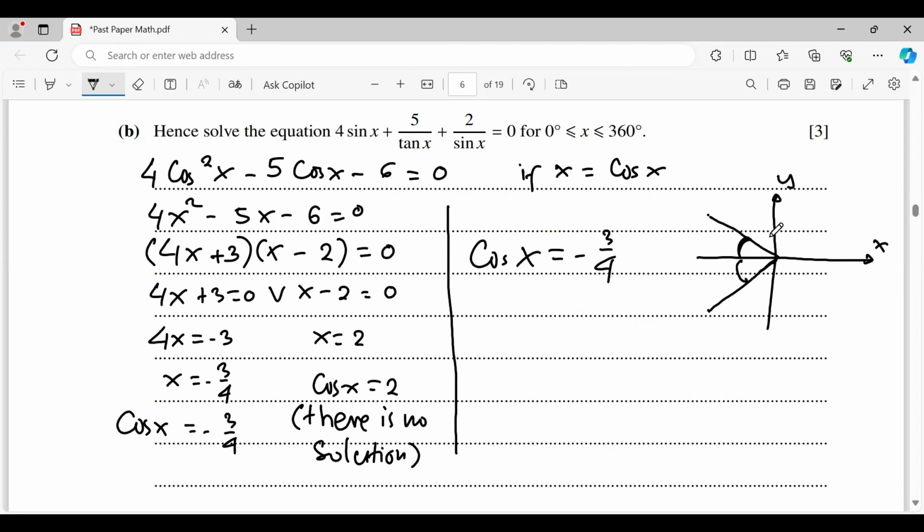We're going to find this angle and this one.